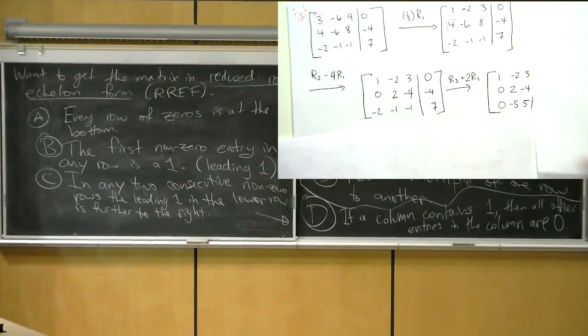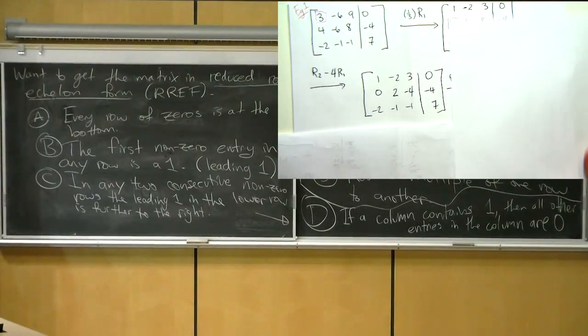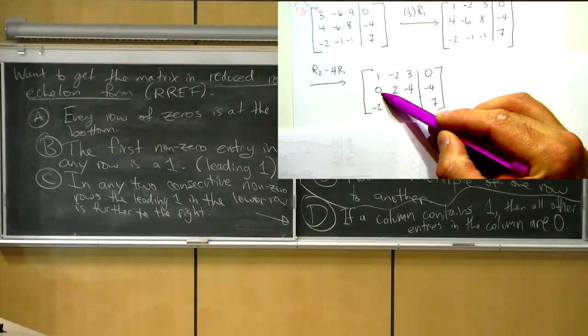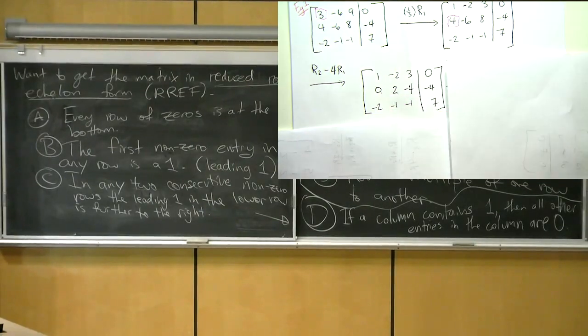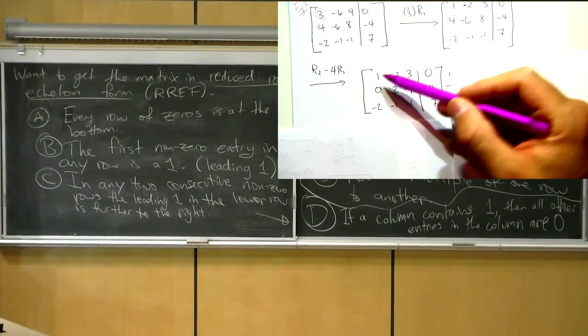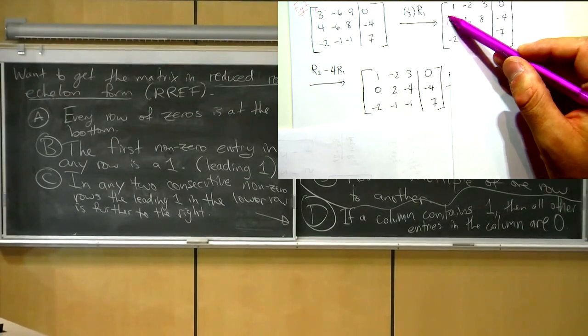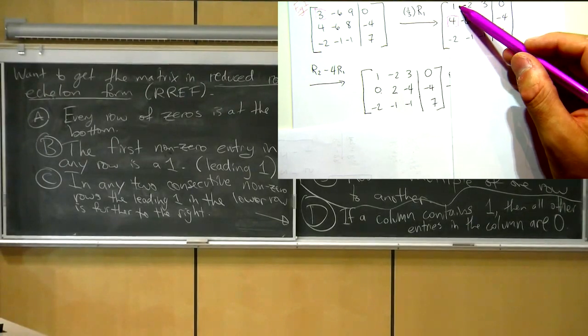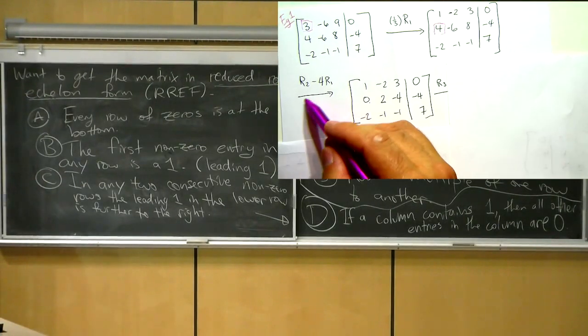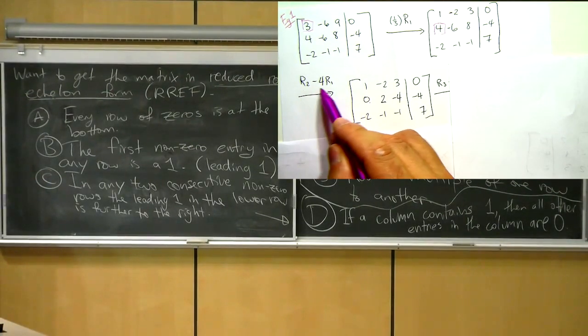If I subtract 4 times the first row, I'm going to get a 0 there. I'm shooting for 1, 0, 0. If I want to wipe out this 4, the best thing to do is take my first row and subtract 4 of them. So what I'm doing is row 2 minus 4 row 1.